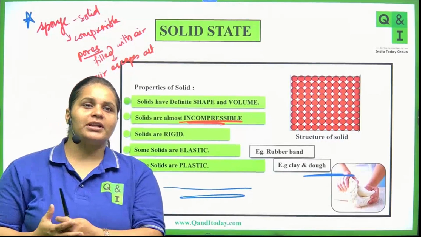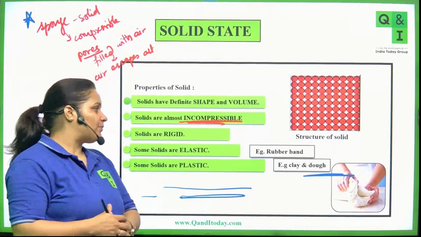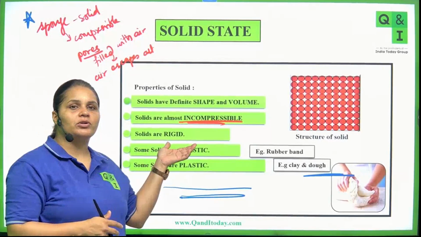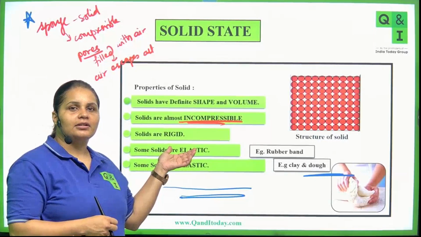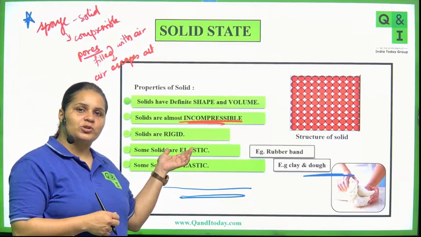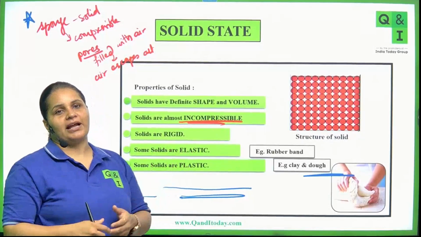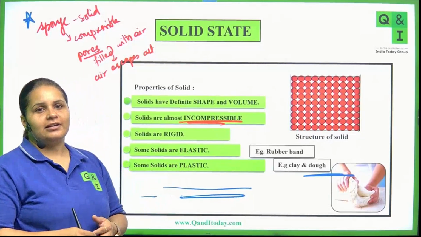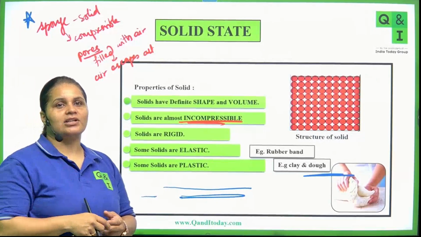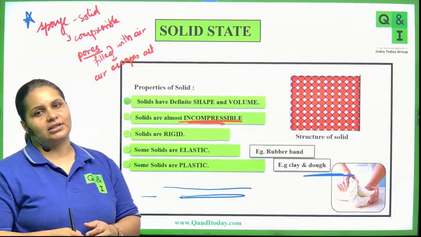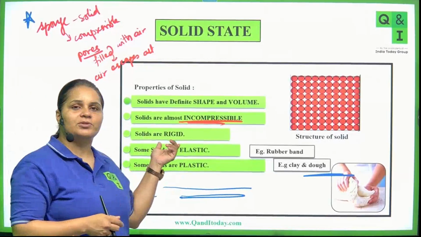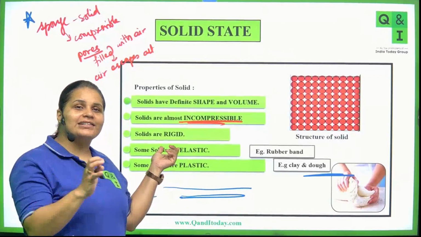Yes, Shubhranshu, you're right. But if it comes in your exam, how are you going to define it? The tendency of a substance to resist the change in shape when force is applied on it. Yes, Hannah, the shape cannot be changed by external forces.